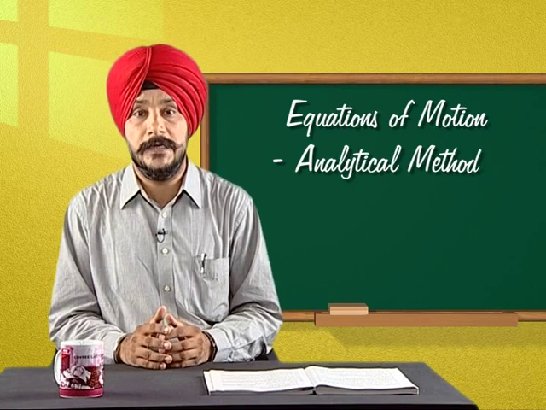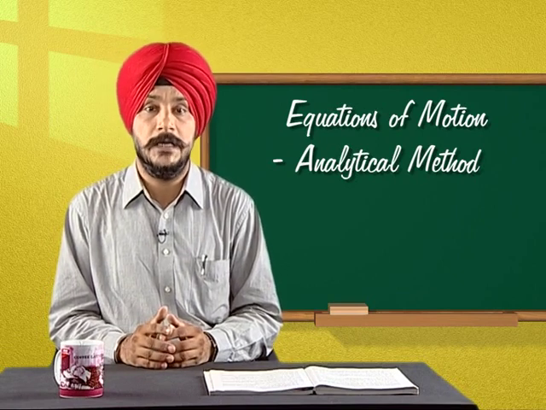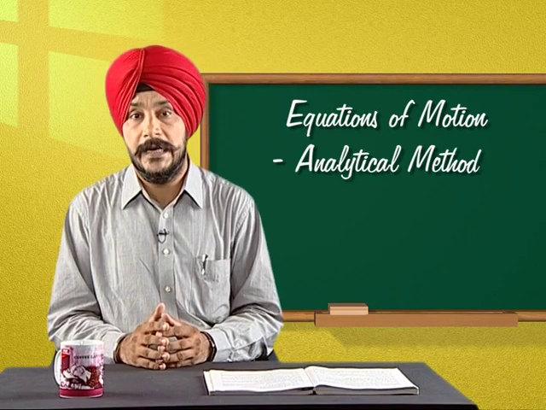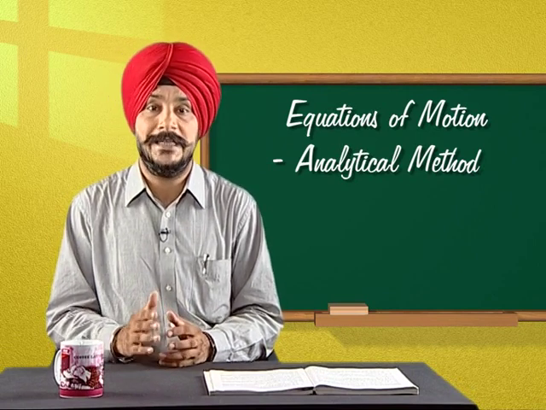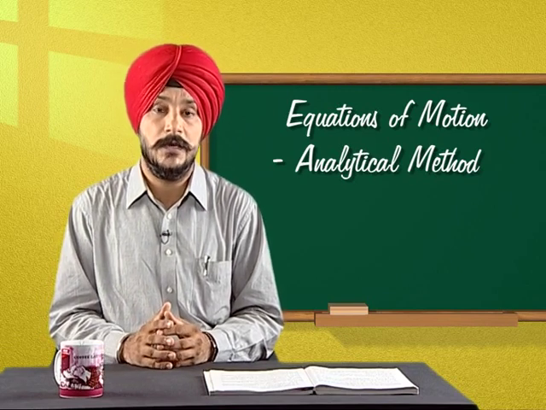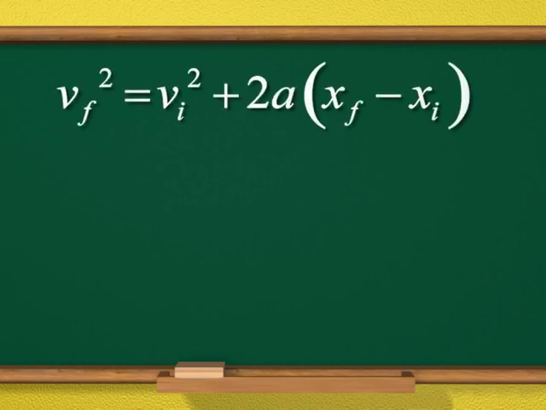The final equation of motion relates velocity to the position. By eliminating time t in the first and second equations of motion, we get Vf square is equal to Vi square plus twice of a times xf minus xi.